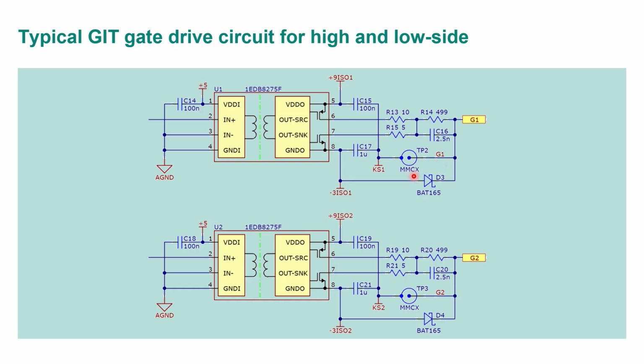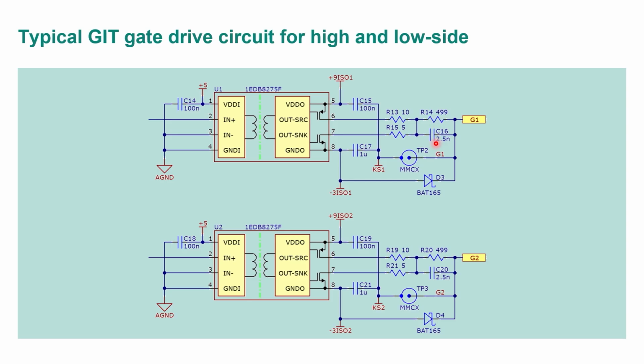And I'll show you in a different video the kind of probes that you would use and how you use this measurement point to make that measurement. There's also another diode shown here. Again, this isn't mandatory, but when I turn on, I mentioned, I discharge the capacitor into the gate. When I turn off, the discharge path for the capacitor is through this steady state resistor, 499 in this example.